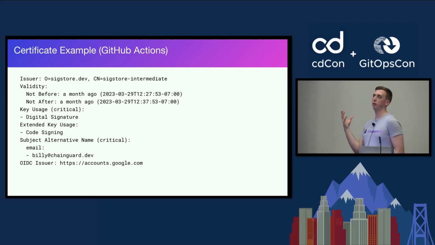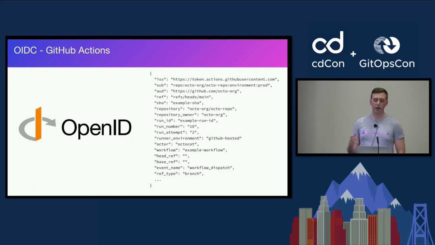So the question then becomes, for automated workflows, we don't actually have a user email, right? Your GitHub action doesn't have an @github.com email address that we can use. And this is where OIDC really shines. OIDC is a very flexible spec. And a lot of CI/CD providers and cloud providers in general actually provide OIDC tokens for their runtime environments.